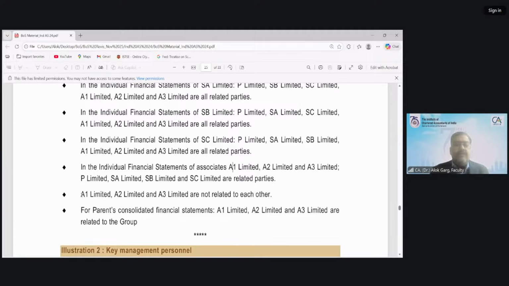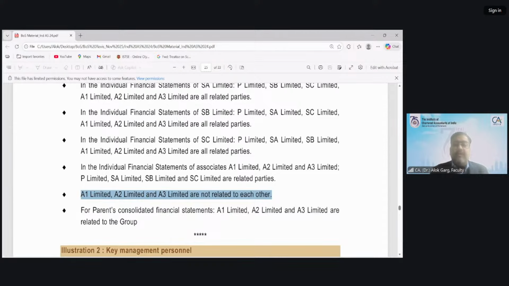In the books of A1 Limited, A2 Limited and A3 Limited, sorry, just a small change.